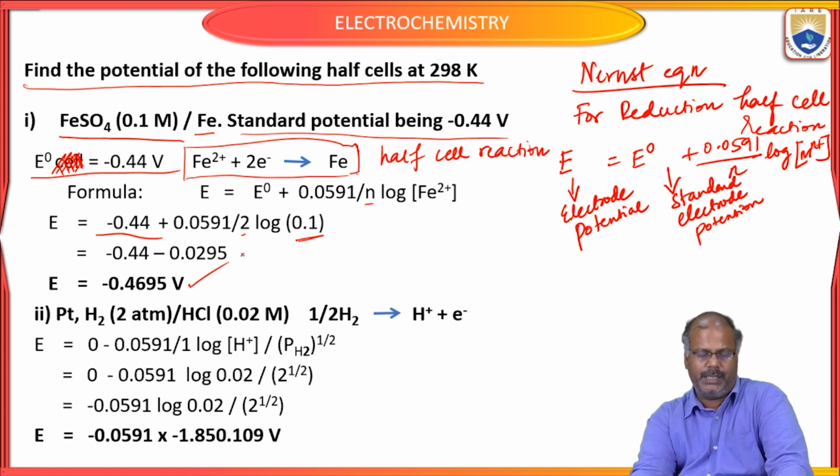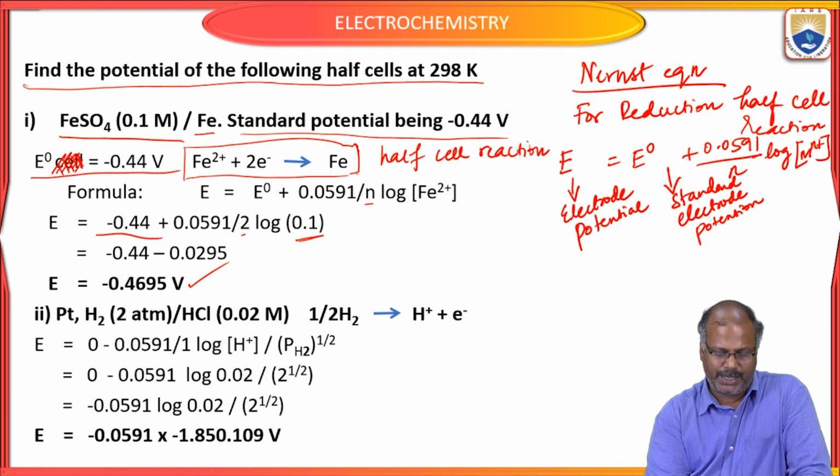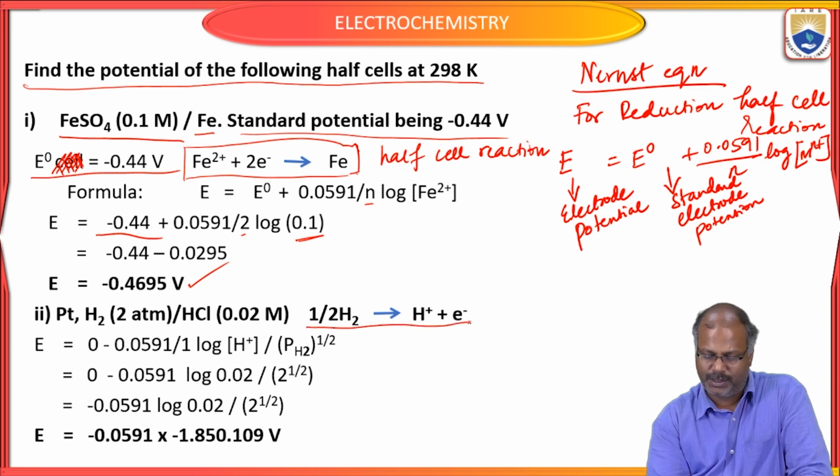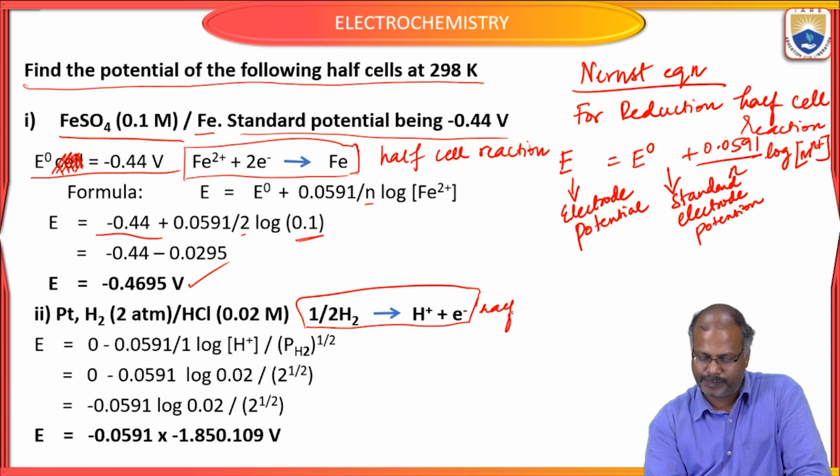Similarly, the second part: platinum, hydrogen at 2 atmosphere, with HCl, 0.02. This is the half cell reaction, where the oxidation state goes from 0 to plus 1.